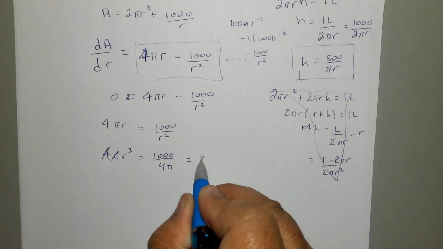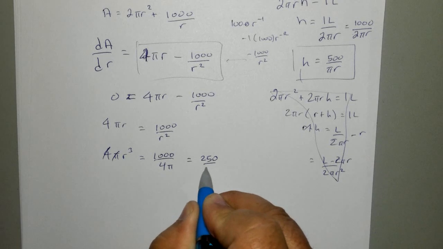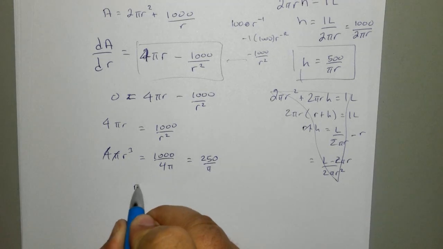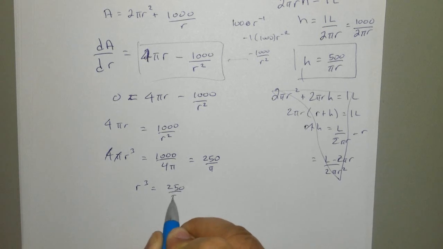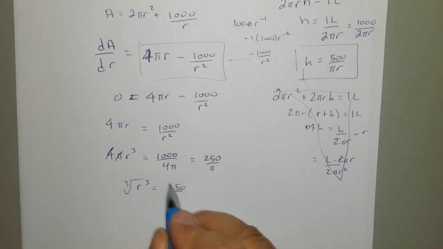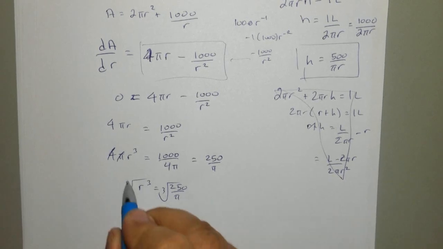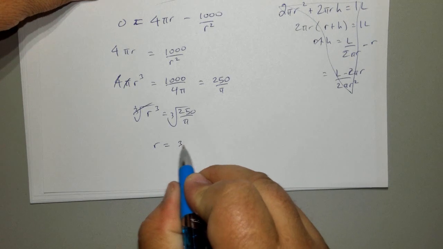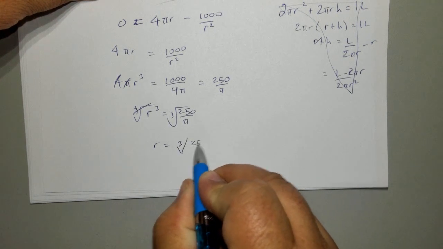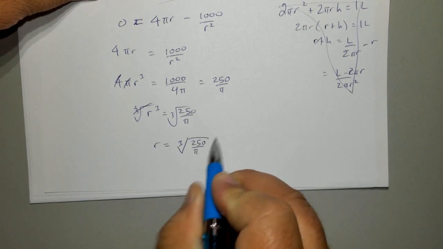So that equals 250 over pi. Cube root both sides. And r equals the cube root of 250 over pi.